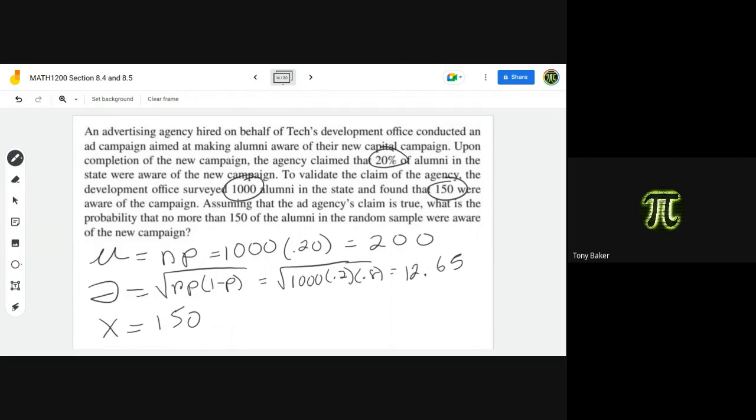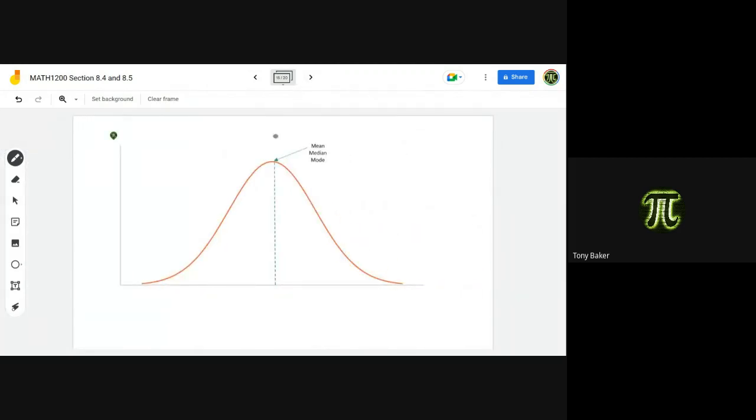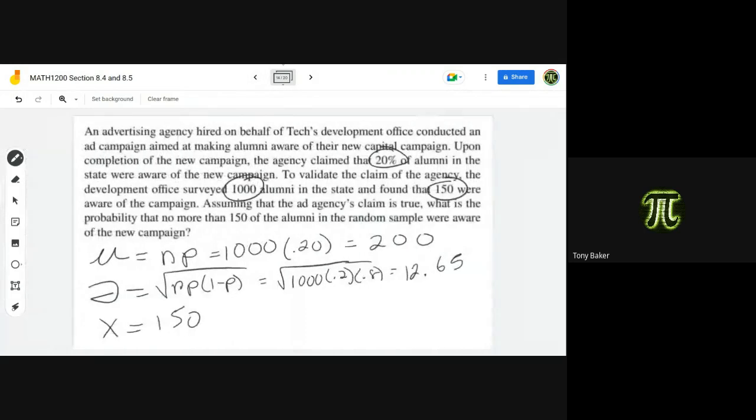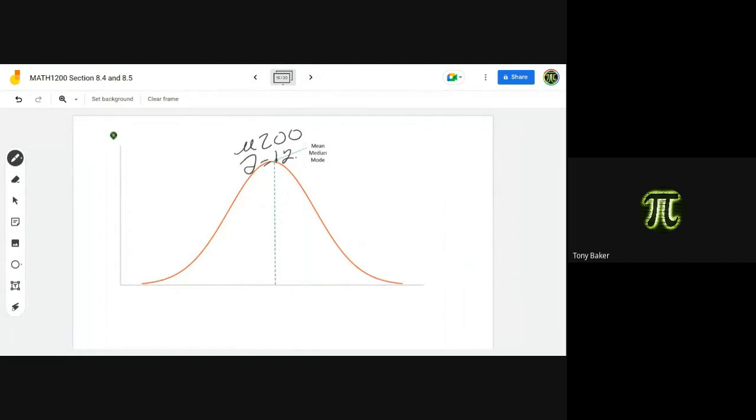All right, so let's look at my bell curve. So we've got my mean is 200, my standard deviation was 12.65, and my x value that I'm looking for is somewhere over here, and it was 150.